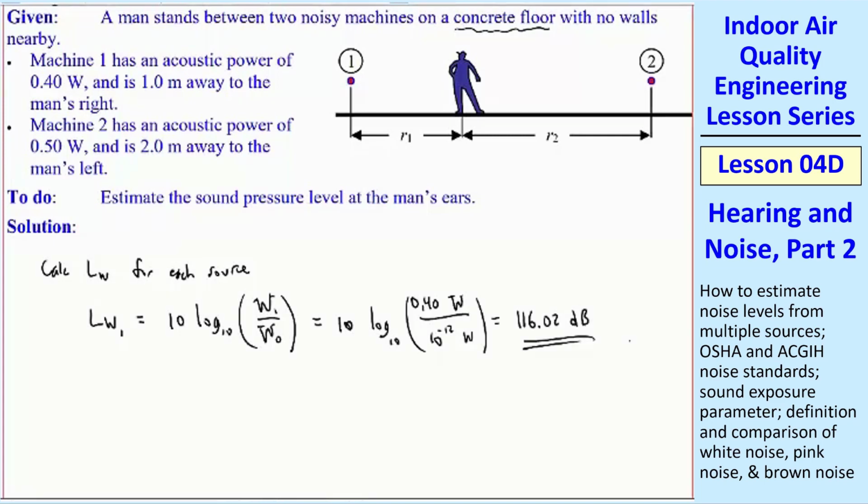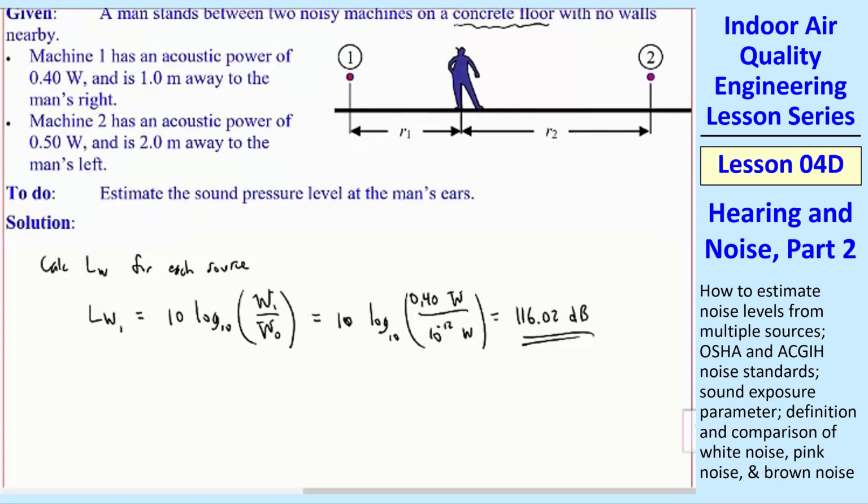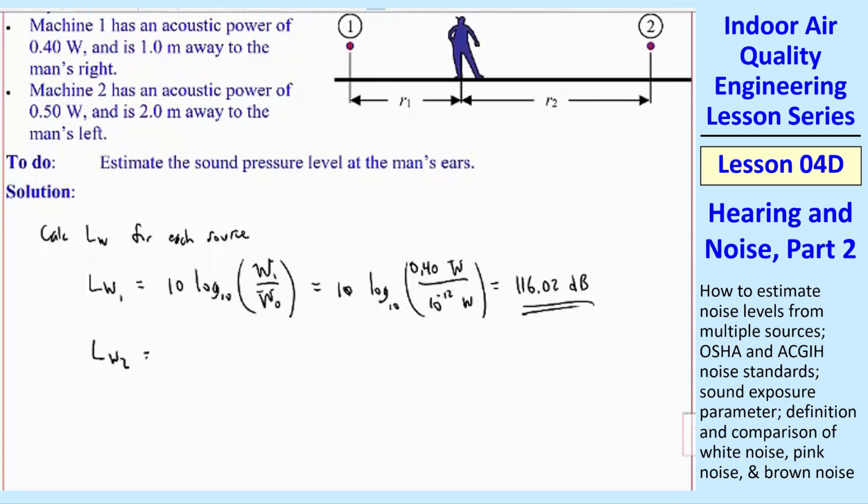I said to round off to the nearest dB, but you don't do that for any kind of intermediate steps. Similarly, LW2 is the same thing, except with a 2 subscript, and its power is 0.50 watts instead of 0.4. Everything else is the same, and I get 117.00 dB.